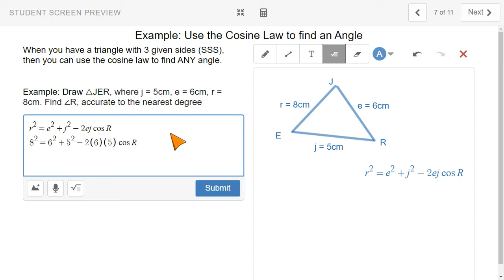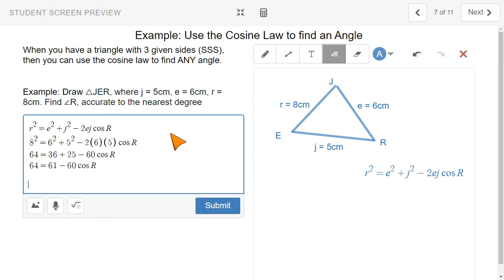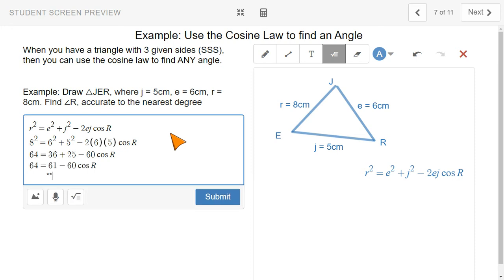Let's simplify. 64 is equal to 36 plus 25 minus 60 times cosine R. Okay, let's collect our like terms now. 64 is equal to 61 minus 60 cosine R. Now, once again, we can't subtract on the right side because they're not like terms.